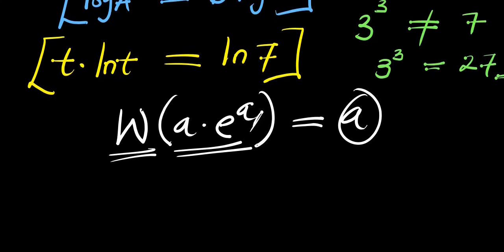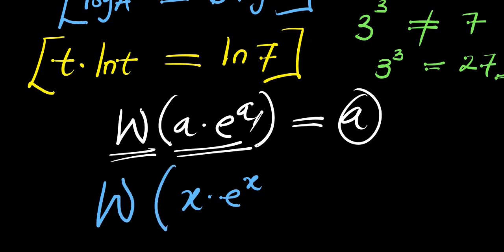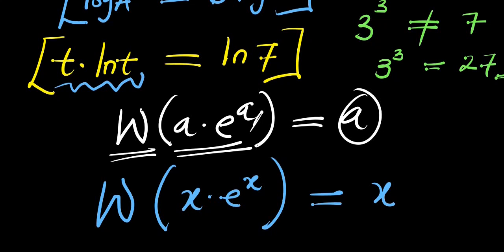If you have an expression such as this, let me make use of another one. If you have x times e power of x, then you go ahead and apply the Lambert W function using this W to represent it. That means what you are going to get is x. So the idea right now is you must make sure that this expression that we are having here is in the form of a times e power of a, or x times e power of x.